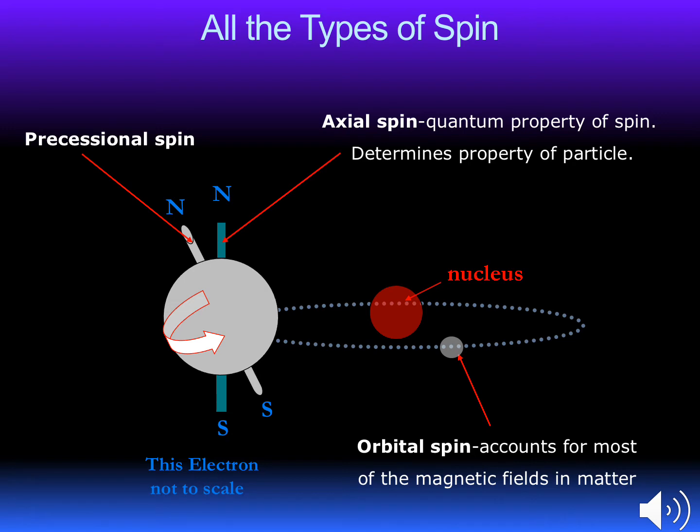And then finally, depending how the external electromagnetic field is introduced to the atom, it can cause the electron or electrons to spin flip. So instead of having a north pole pointing up, the north pole will be pointing down. And so that gives you a feeling for all the different types of spin that are possible in the atomic world.